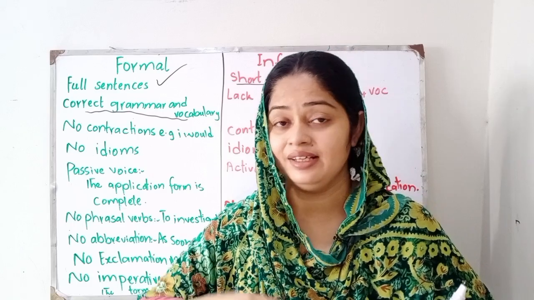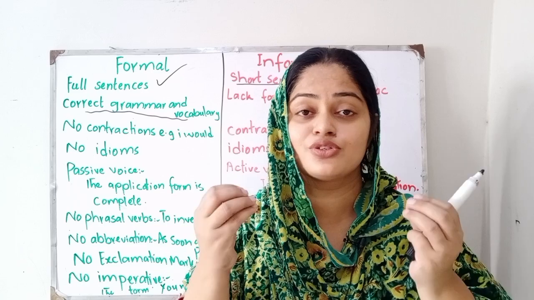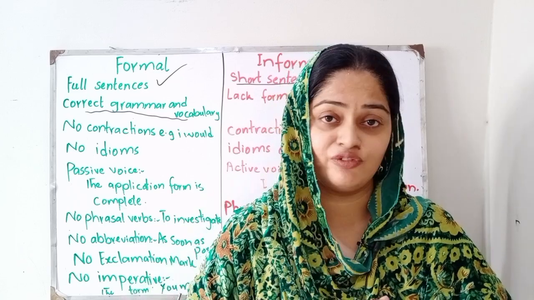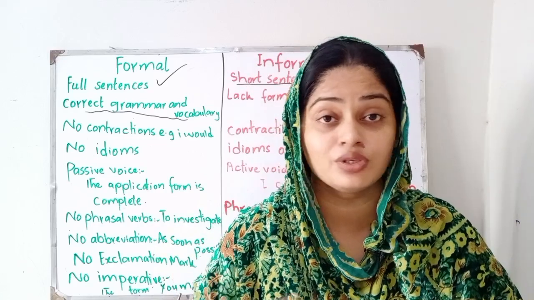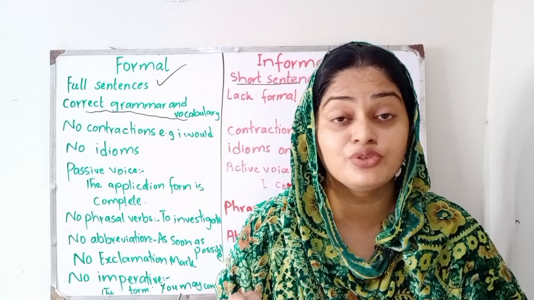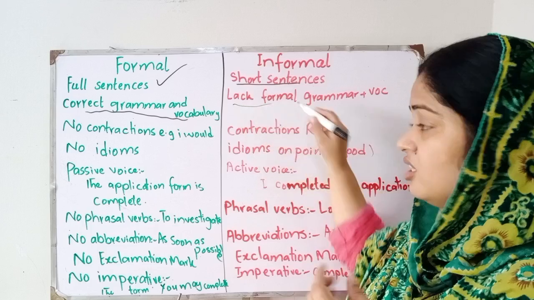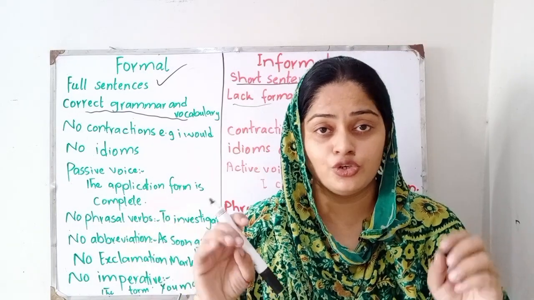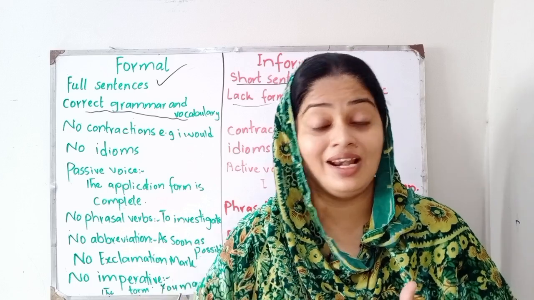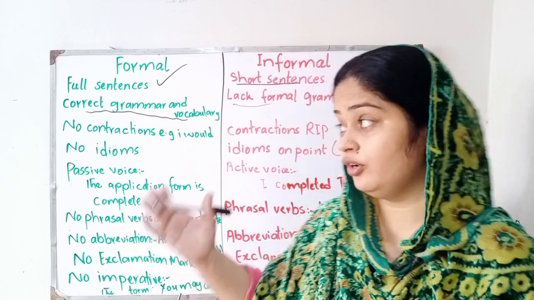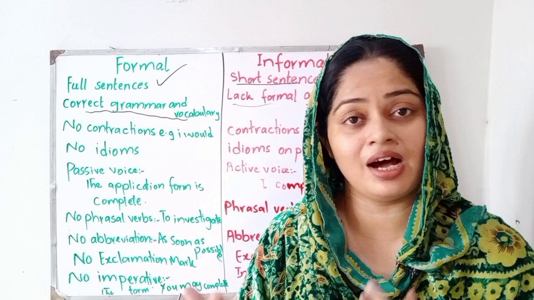When you are writing or speaking formal English, you are supposed to use correct grammar and correct vocabulary. Whereas in informal English, there is no compulsory rule to use correct grammar or vocabulary. You are relaxing, so no need to take into consideration correct grammar or vocabulary.